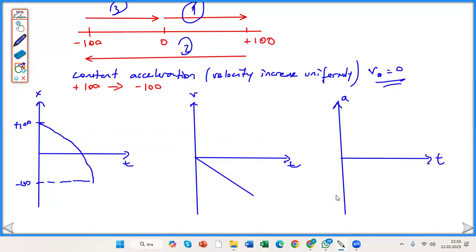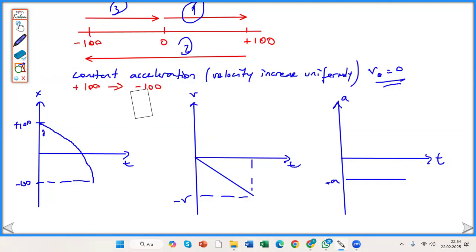With acceleration for the negative direction, constant acceleration is negative and like this. Be careful, I would like to emphasize once again, it is the motion of constant acceleration. In other words, velocity increases uniformly. So let's check the last option.